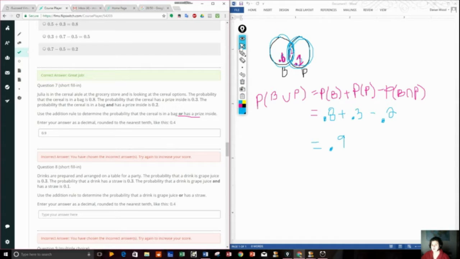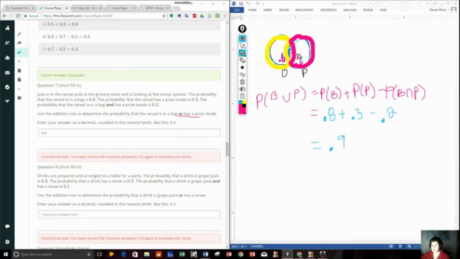All right, now if you're a visual person like I am, my first question would be, but you have 0.6 here and 0.1. 0.6 is just the bag section, and 0.1 is just the prize section. So how come it's not 0.7?